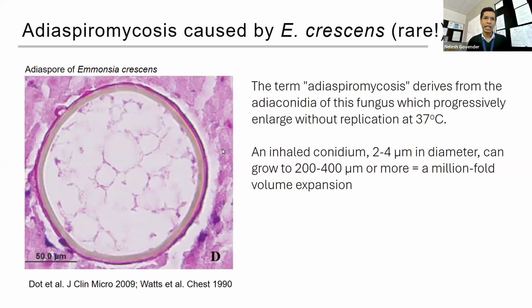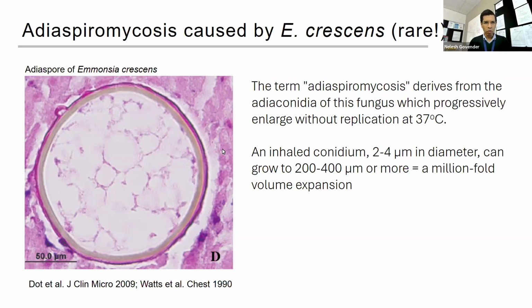It's caused by a pathogen called Emmonsia crescens, which is a soil saprophyte. It was first described in rodents in Arizona in 1942 by Emmons, and the genus Emmonsia is named after him. The first human case occurred in France in the 1960s.